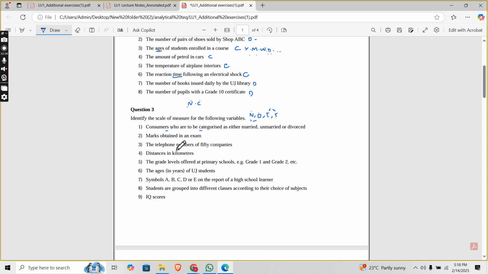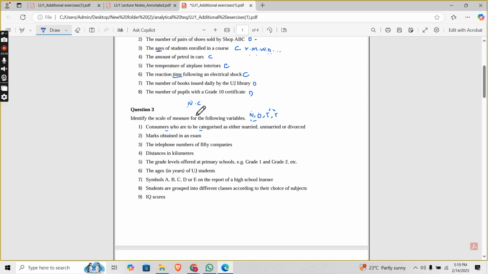Okay, so number one. I'm sure you guys remember the standards for each of these scales, okay? So number one, the consumers who are to be categorized as either married, unmarried, or divorced.